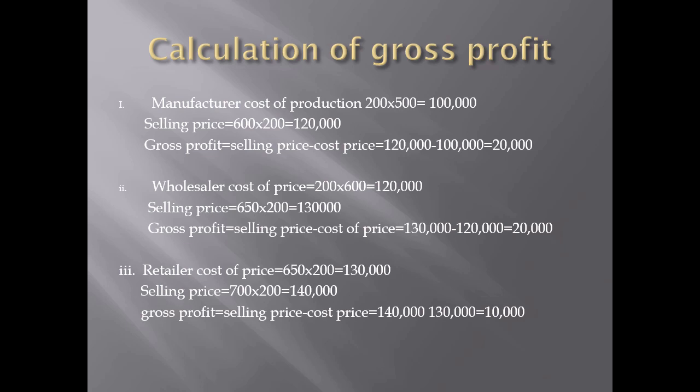The gross profit of the retailer, gross profit is equal to selling price less cost price, and that is 140,000 naira minus 130,000 naira. I'm very sorry, there is a mistake. The minus sign is not indicated in between 140,000 and 130,000 naira. So 140,000 naira less 130,000 naira will give us 10,000 naira as the gross profit of the retailer.